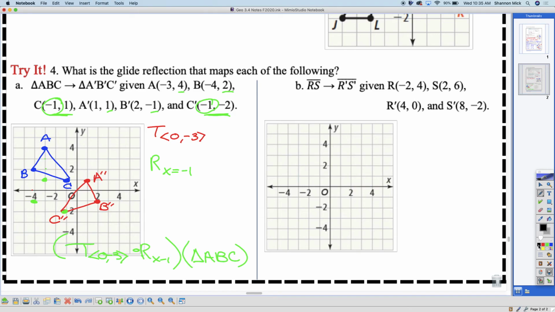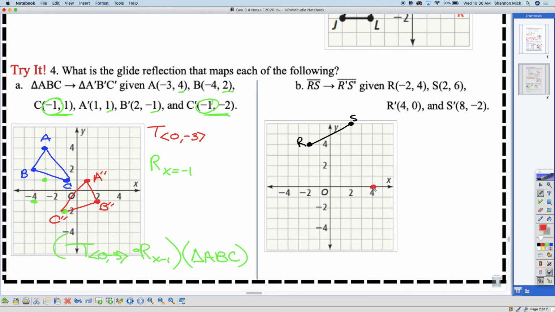So this is just a line segment, right? So it's only 2 points. We have R at -2, 4, and we have S at 2, 6. But I really put S as 8, -2. Yeah, you're gonna have to add 2 dots. I didn't pay attention when I put my graph up there. So then we moved to 4, 0, right?